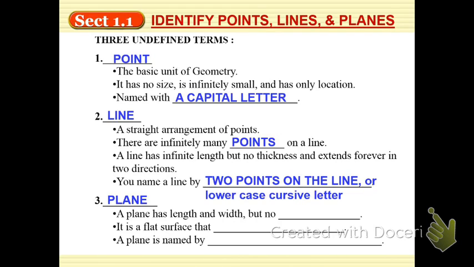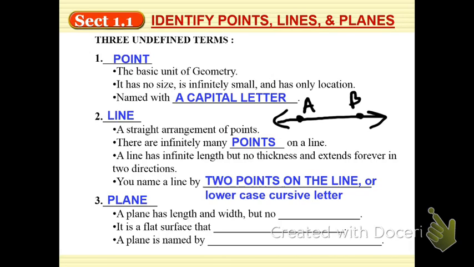What that looks like is if I have, so we've got, this is my line. I put arrows on both ends of the line to show that it keeps going forever in both directions. And then I would have 2 points named on the line somewhere, A and B, for example.